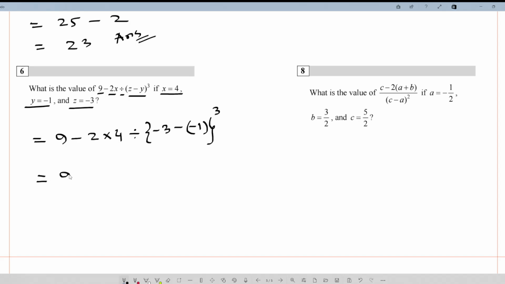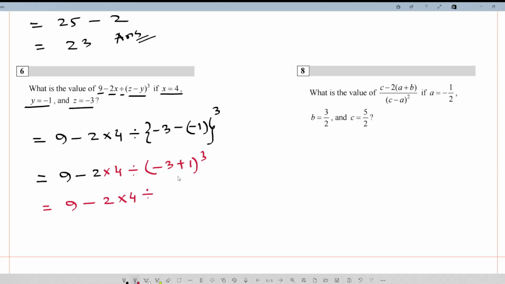Now look, 9 minus 2 we cannot do right now. 2 times 4 we know is 8, but we cannot do this first. First we have to finish the bracket work. So here we can write 2 times 4 divide, then minus 3, minus and minus, plus 1, cube. 9 minus 2 times 4 divide minus 3 plus 1, it means what?